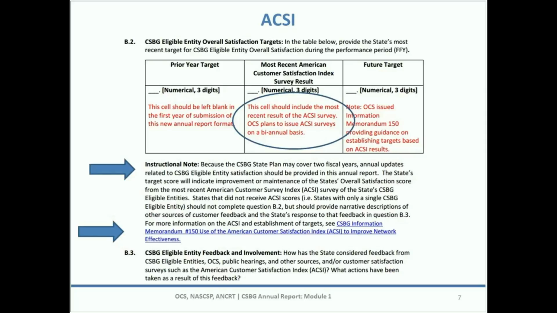And it, too, follows from what the states will report in their model state plans. In fact, it's information that, to some extent, is repetitious. So one thing you'll be asked is, what was the most recent American Customer Satisfaction Index survey result? In many respects, this will be the same thing you reported in your state plan, unless you're on a 2-year report, at which point this might be the first place where you put it in.